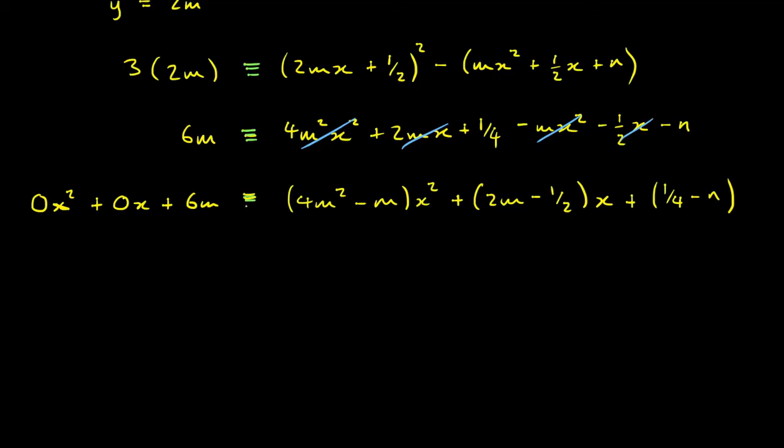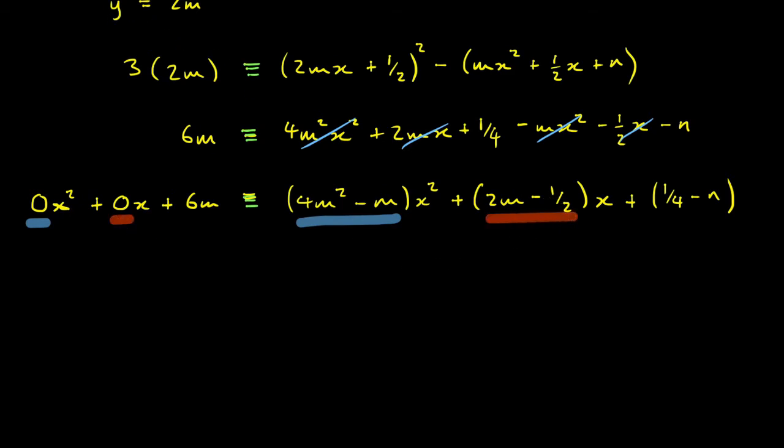So what we're saying is that the left-hand side is always the same as the right-hand side. And because that's the case, we can compare the coefficients. We can compare the coefficients of x squared. So if I compare the coefficient of x squared, those should always be the same. If I compare the coefficient of x, those should always be the same.